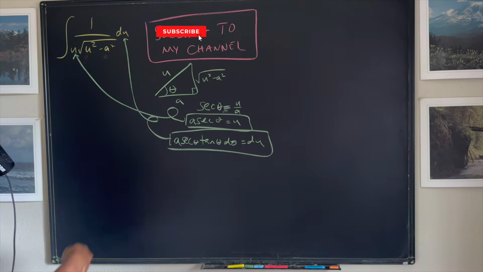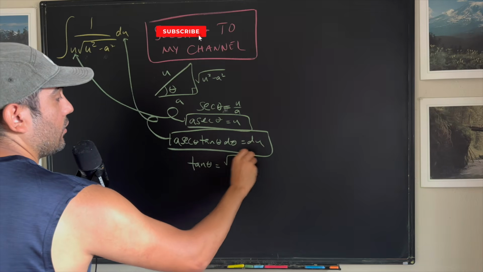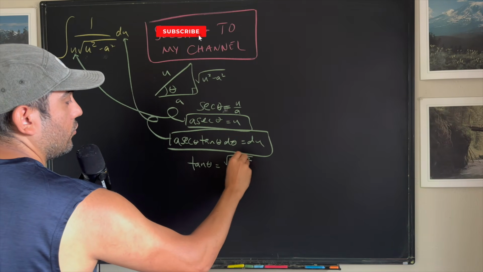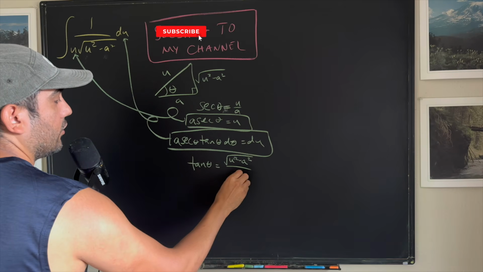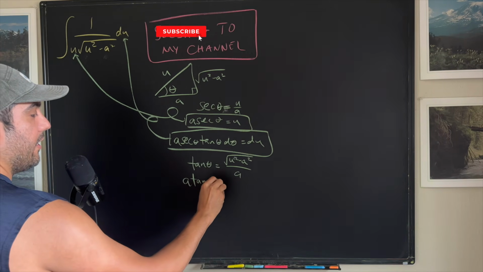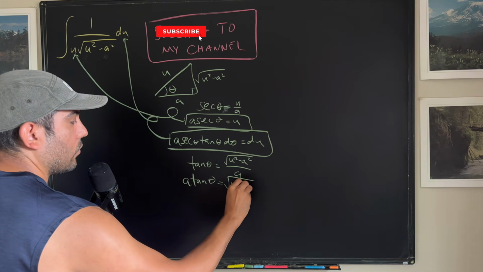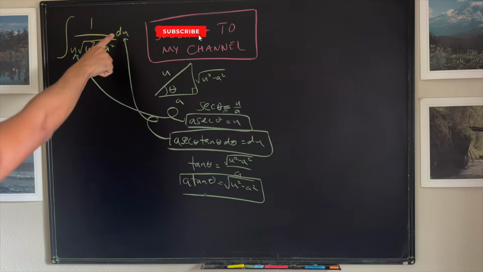Opposite, adjacent, I'm thinking tangent. So tangent is equal to the opposite, square root of u squared minus a squared, over the adjacent a. Let's multiply that to the other side. A tan theta is equal to the square root of u squared minus a squared. And that's exactly what we need. Look at that, we have that up here.